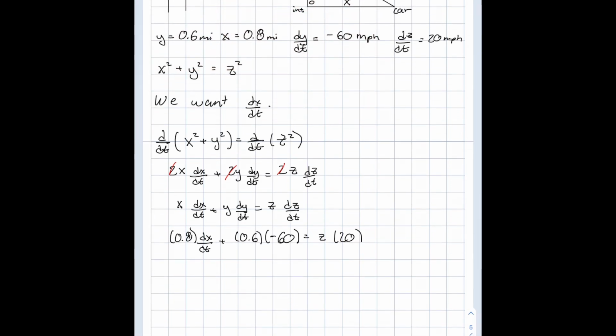So now let's find z real quick. Remember how we knew that x squared plus y squared equals z squared? Let's plug that in. What is x? x is 0.8. 0.8 squared plus 0.6 squared equals z squared.